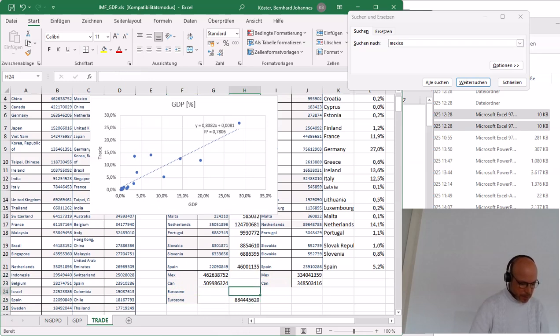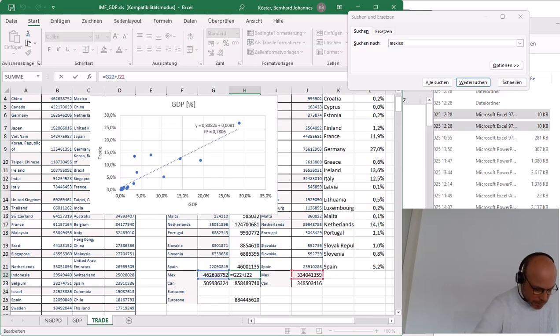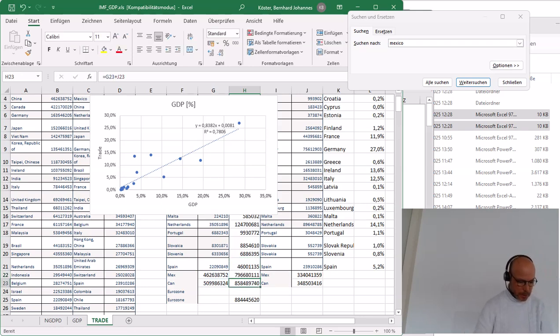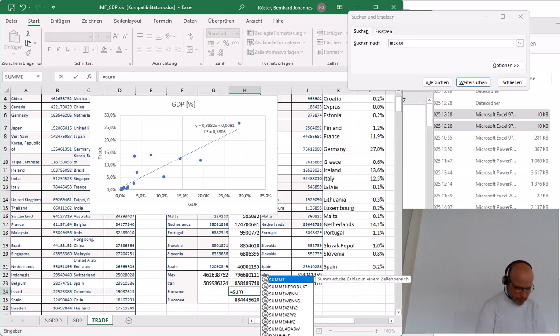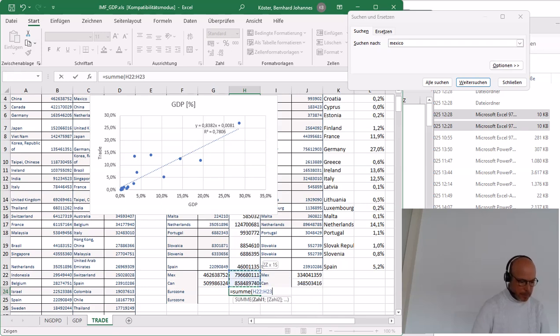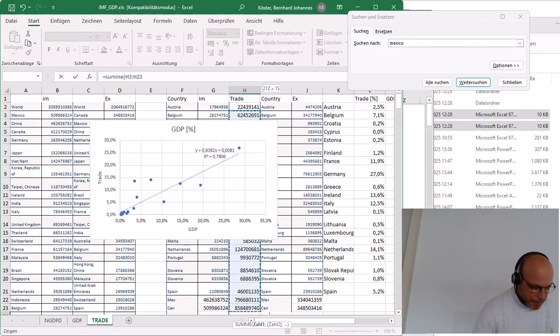And now this is right. G and J, yo. And now we need the overall sum again of the trade volume.